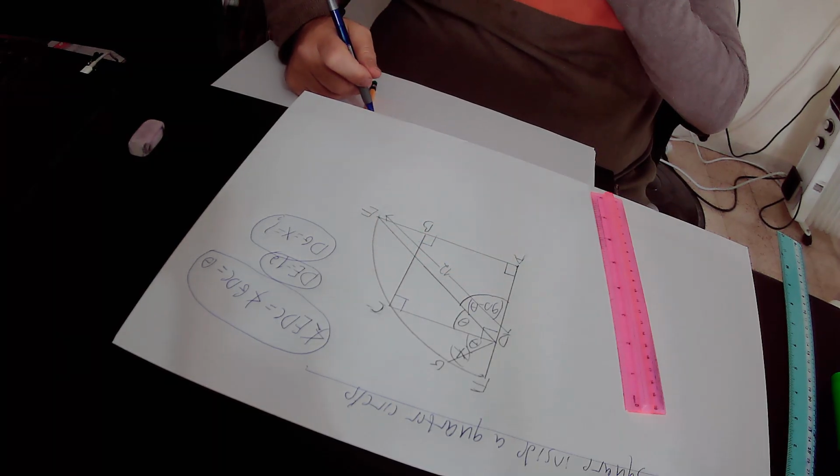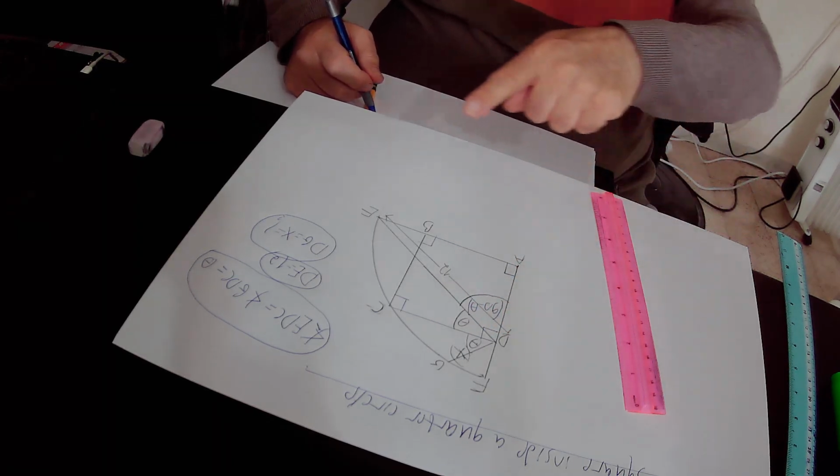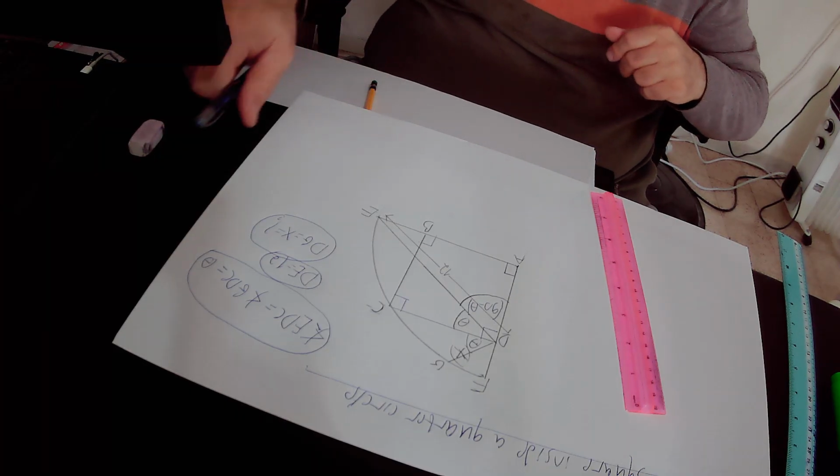In the next step, we will extend line segment GD and line segment EA by straight line until they touch each other.